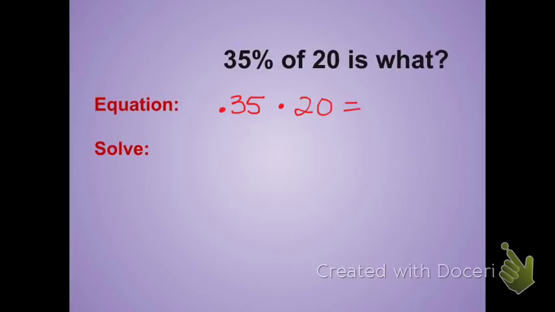And what means X. Okay, are we going to multiply on this one or divide? Multiply, right? 0.35 times 20. Do that on your calculator. Raise your hand when you have an answer. Eli, what you got? 7. Okay, so far so good?